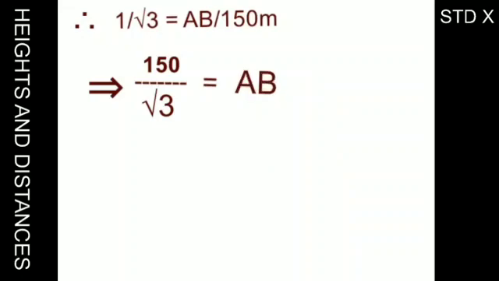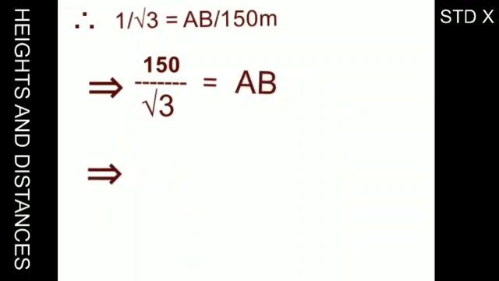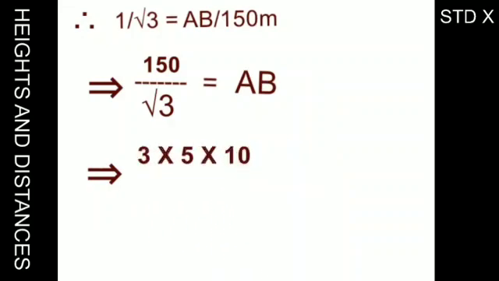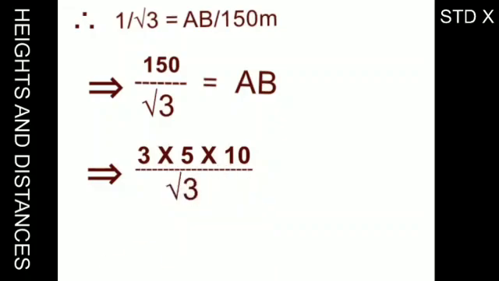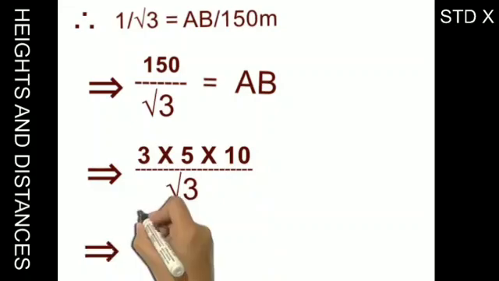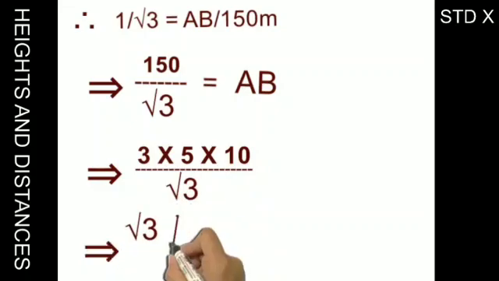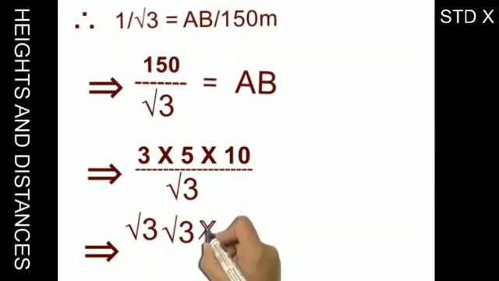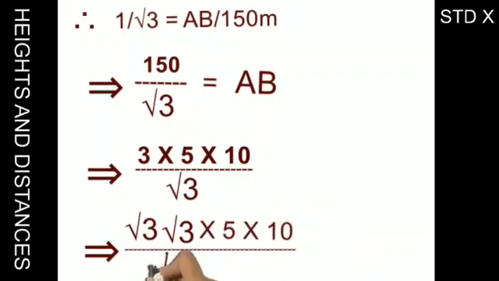Now calculation is up to you, whatever is convenient for you. What I am doing here is, I see 150 is divisible by 3 and in the denominator I have root 3. So 3 we can write as root 3 into root 3. Why am I writing like this? Because I want to remove root 3 from the denominator.